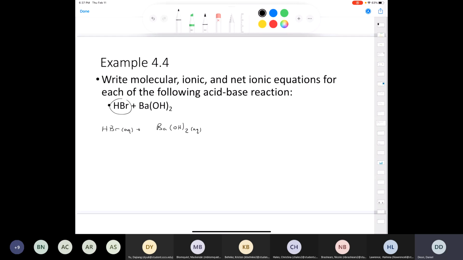Now remember, hydrobromic acid is a strong acid, and when it comes to bases, any hydroxide of a group 1A or 2A metal is considered strong. So since barium is group 2A, barium hydroxide is considered a strong base.